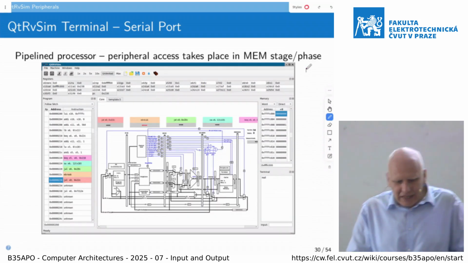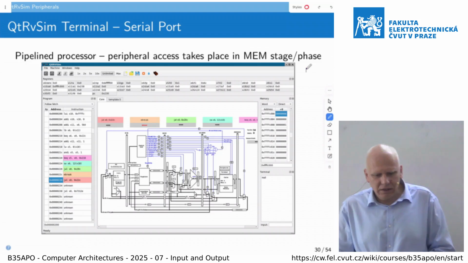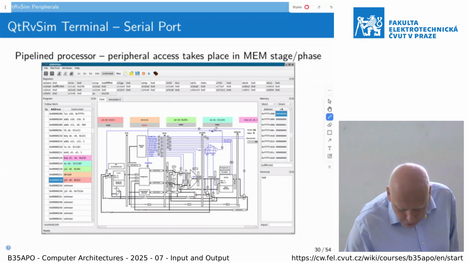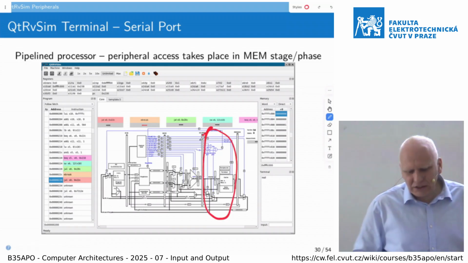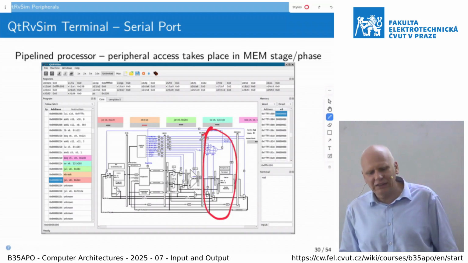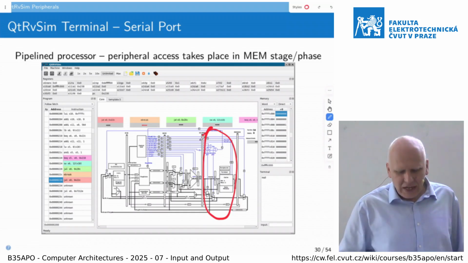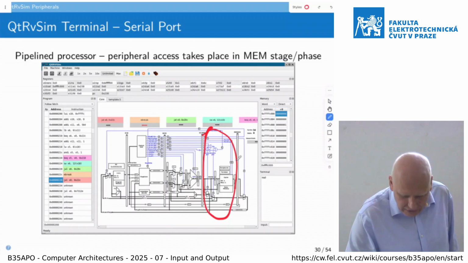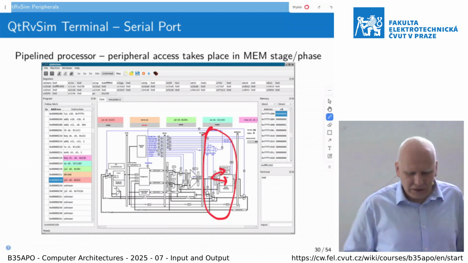And it works exactly the same even in the pipeline version, because for our processor, the so-called commit stage is a memory stage. So when the instruction gets into the memory stage and it is not masked as some incorrect one, there is no difference if it writes to the memory or if it writes to the terminal.